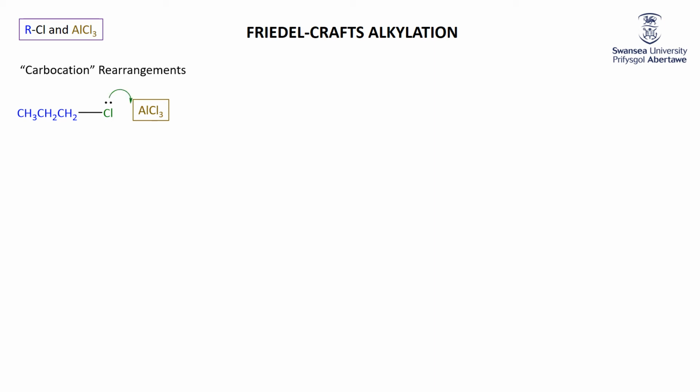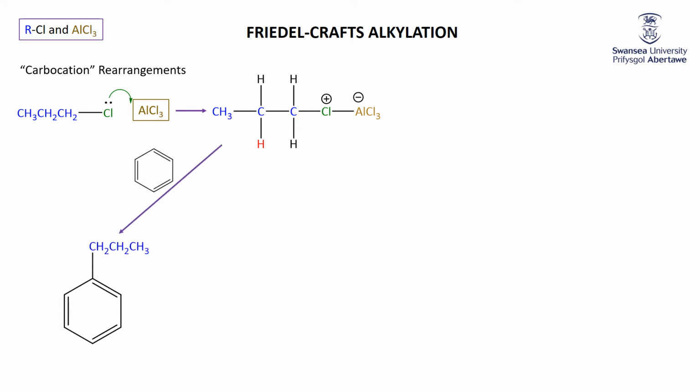But let's just go through this. So we see the same bond making. Here's our complex. Okay, now of course at this point I've said to you, well, this was a primary alkyl halide, this is a primary carbon, so we're not going to break the bond to the chlorine and make a primary carbocation. We're going to take the complex that of course has this as a nicely slightly positive atom that's going to bond as usual to the benzene.